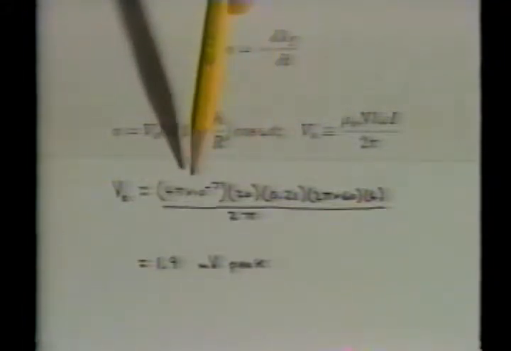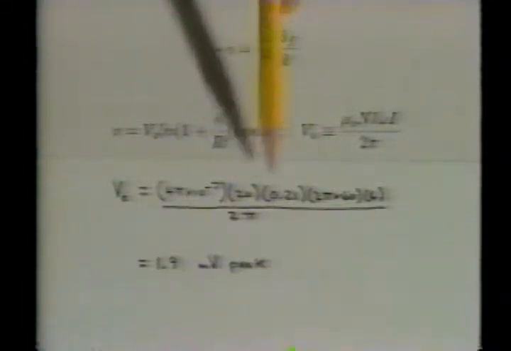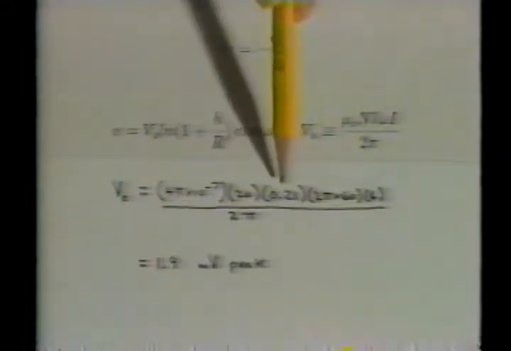The peak wire current is 6 amperes. Then V sub 0 is 1.9 millivolts peak. With the spacing R equal to 6.5 centimeters, the peak coil voltage measured at the terminals is about 2 millivolts peak.